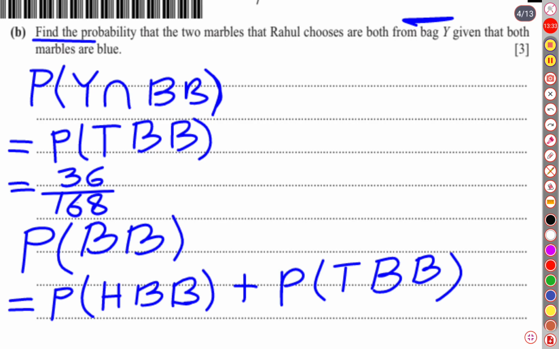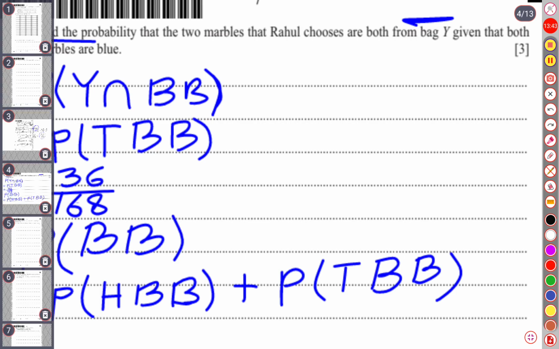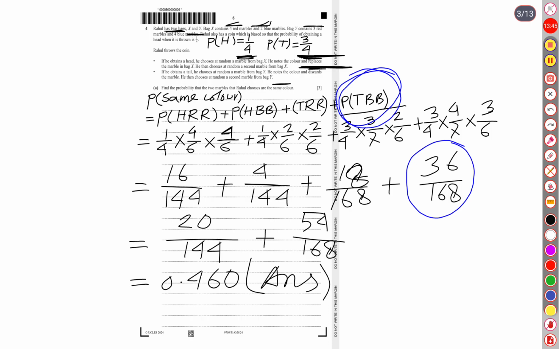So let us see probability of HBB and probability of TBB. Let us go back to the previous page. Yes, here. Look at this. PHBB is one of the probabilities, that means the second one. And TBB we have already obtained, which is 36 over 168.